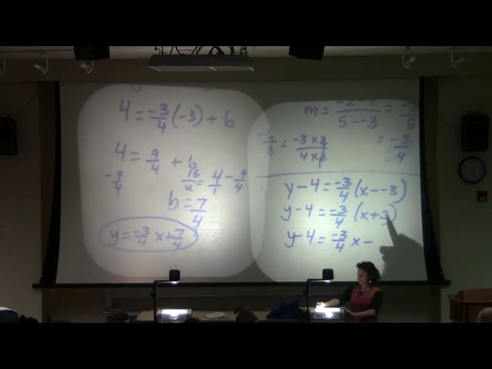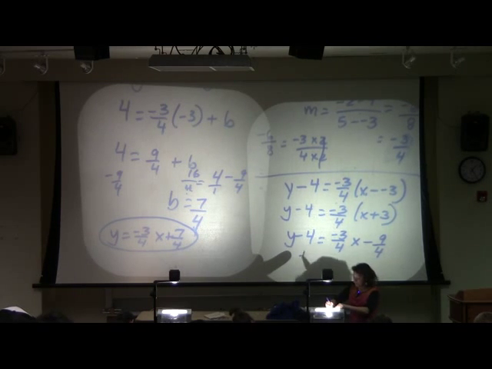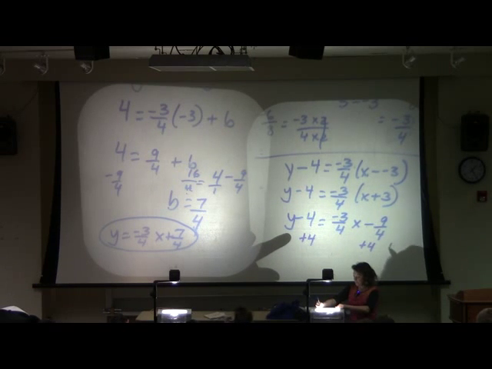And what's negative 3/4 times 3? Well, that's minus 9/4. You with me there? Last but not least, we will add 4 to both sides. And I know 4 is 16/4. So lo and behold, you get negative 3/4 x plus 7/4.